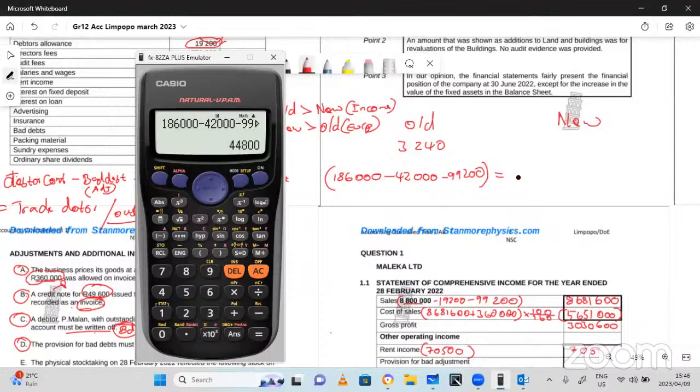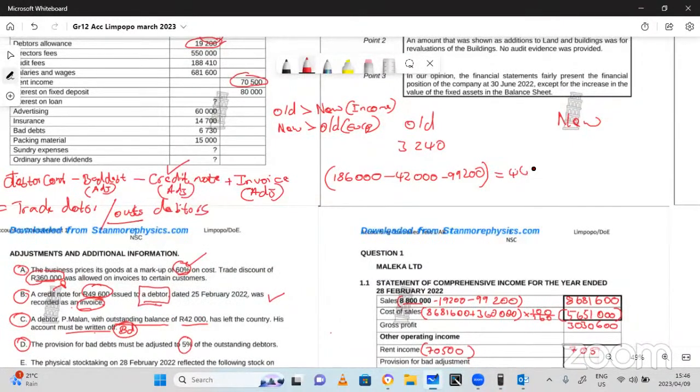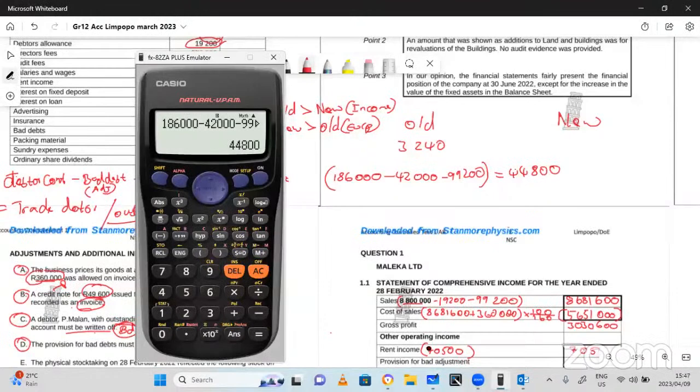Then you are getting what? 44,800. Then you take that answer and multiply it with 5%. Shift, then you press your percentage, then you get your answer.